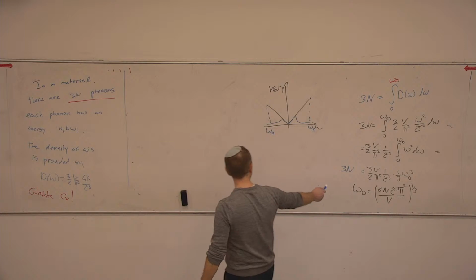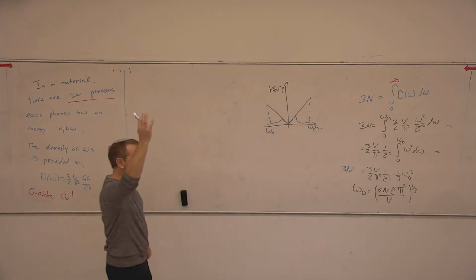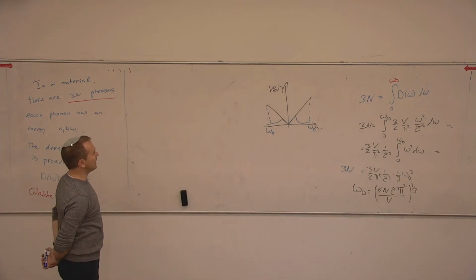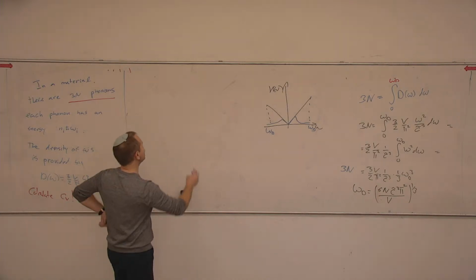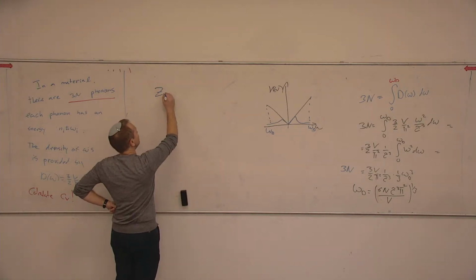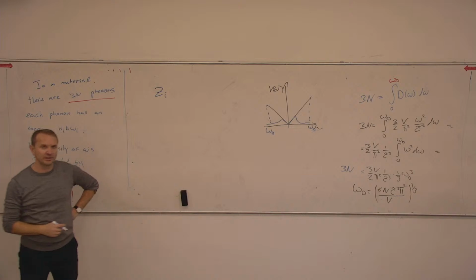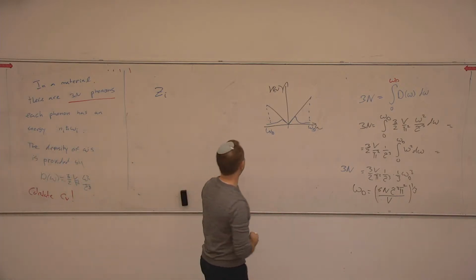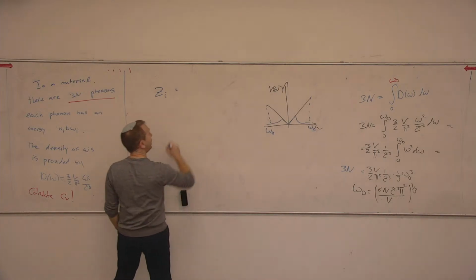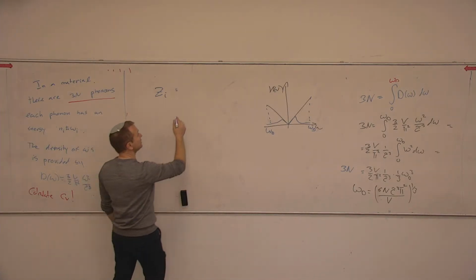Now we have explained omega Debye. Let's try and understand how we calculate CV. If I take one specific particle, in order to calculate everything, it's not a particle anymore, it's a phonon. I need to calculate the partition function.